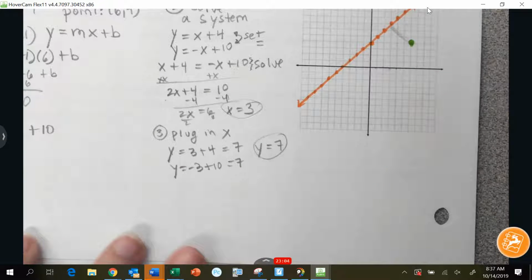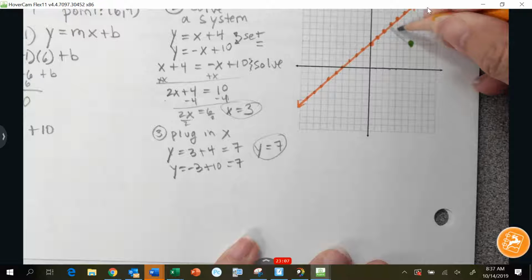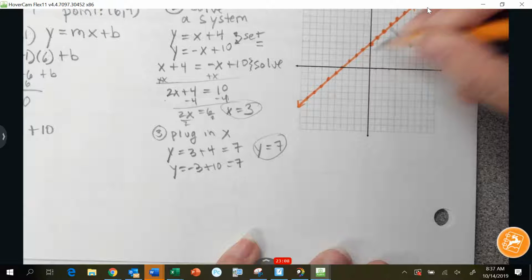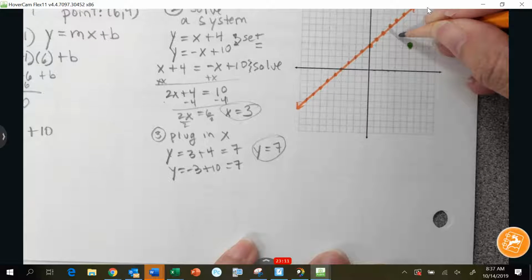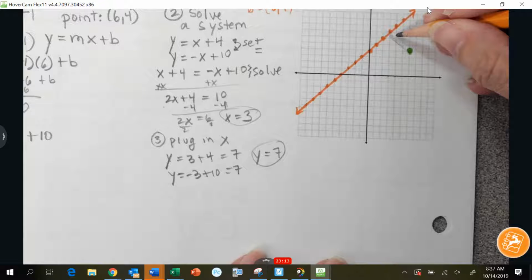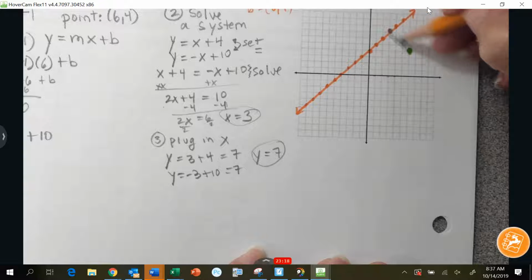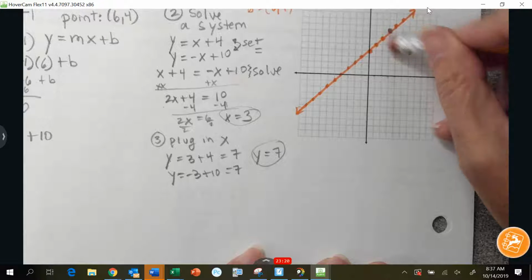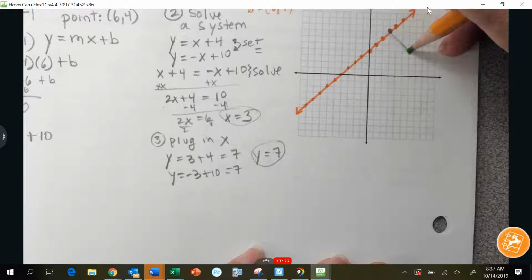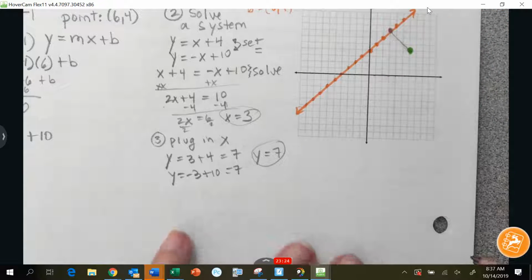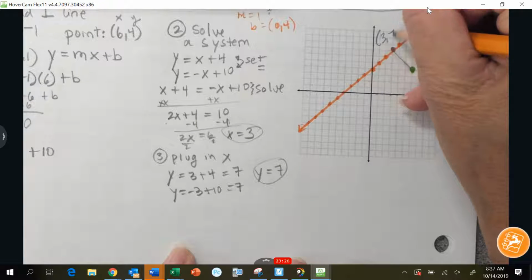So what ordered pair does this line pass through on the orange line? What ordered pair does it go through? 3, 7. And if we actually looked at it, if we have the slope correct, we should be able to find it. It's just really hard to look at the graph and get that perpendicular line if you're using slope. So this point is 3, 7.